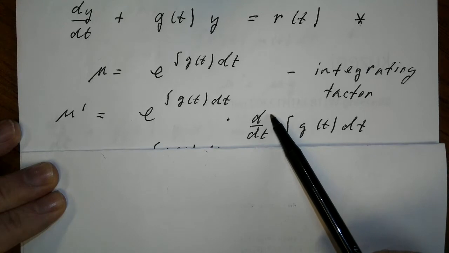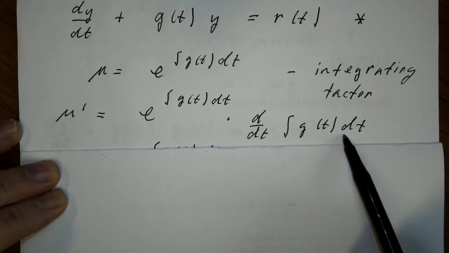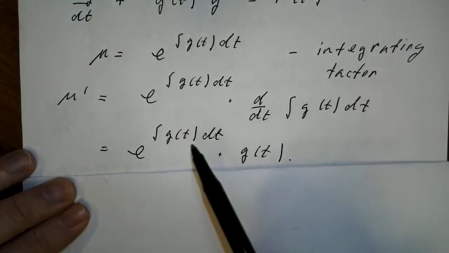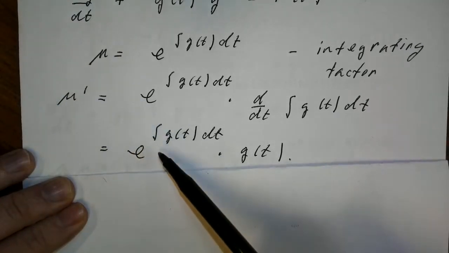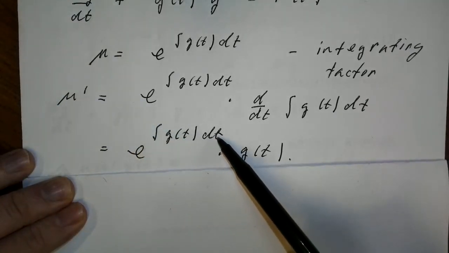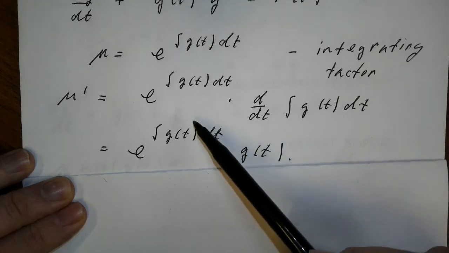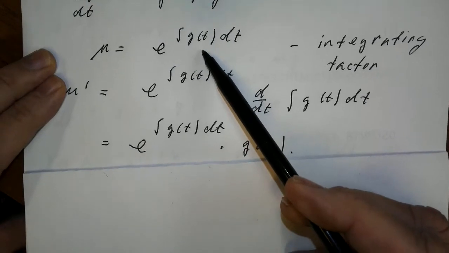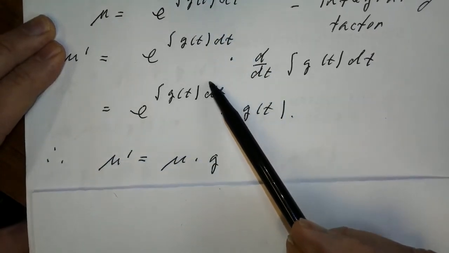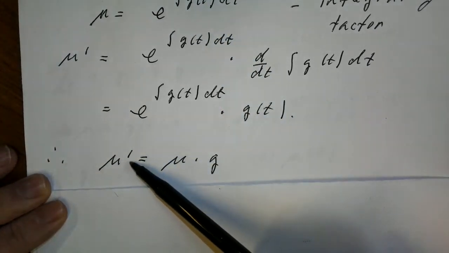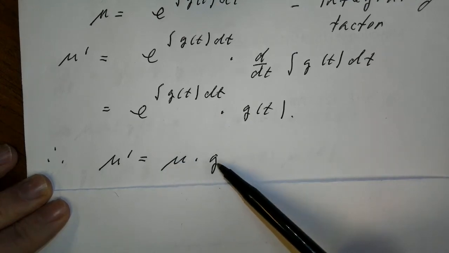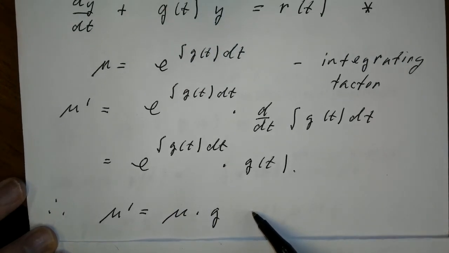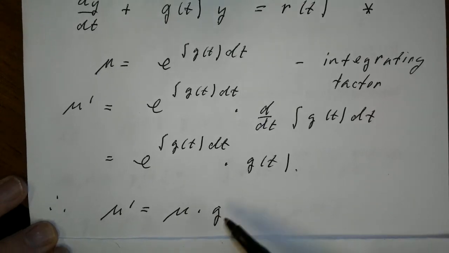Well, if you take the derivative of the antiderivative of g of t, you simply get g of t. So mu prime is e to the integral of g of t dt times g of t. But this quantity is really just the integrating factor mu itself. So the integrating factor satisfies this condition: mu prime is equal to mu times g. Again, everything here is a function of t.